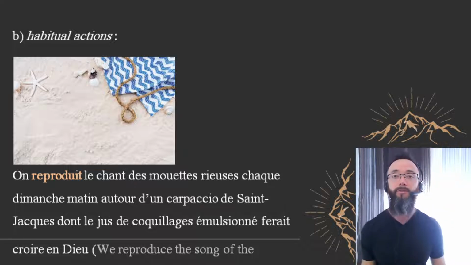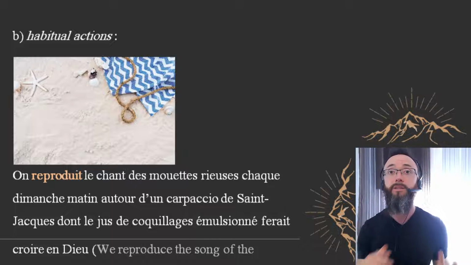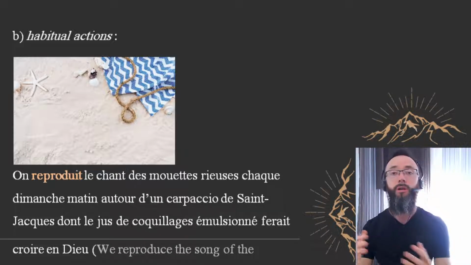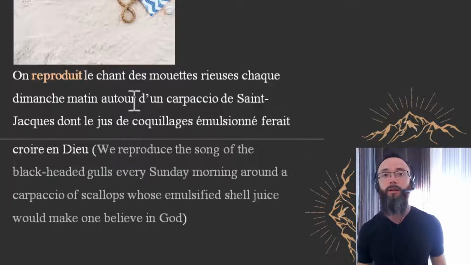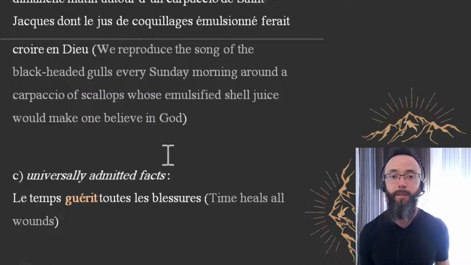Well, I don't know if you have the level to translate that yet, but it would be chaque dimanche, ou alors tous les dimanches, je mange des coquilles Saint-Jacques ou des Saint-Jacques. And that means that we're using the present tense here. It is a habit. So very similar to English here.